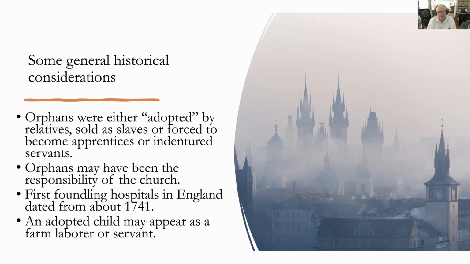Then we found later records where the child herself, it was a girl, had written a diary and a journal, and she said, by no means was I ever adopted by the Tanner family. It was one of the Tanner lines. So even though they may appear like a child, or they may appear like a farm worker or a servant, they could actually be the same.